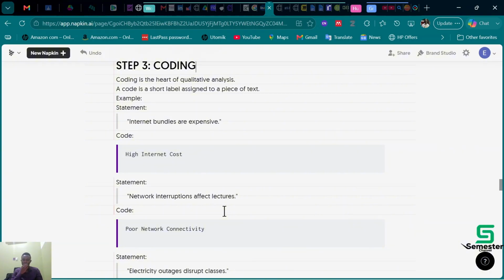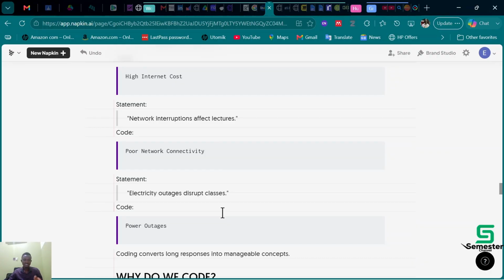So you don't code network interruptions, slow network, and low bandwidth as different things. You code them as the same thing because they carry the same information. So you have poor network connectivity as a code.